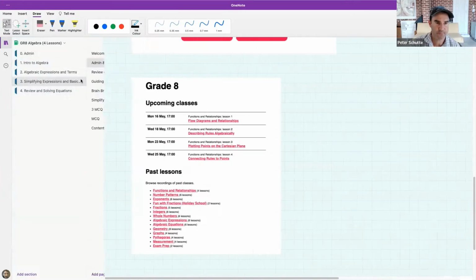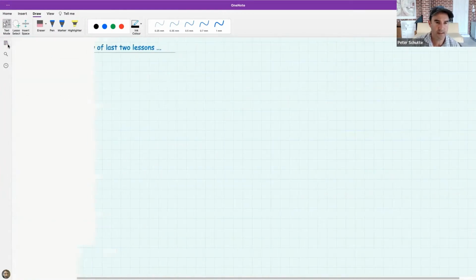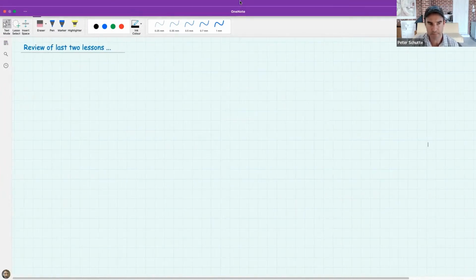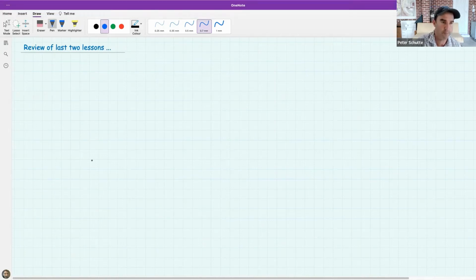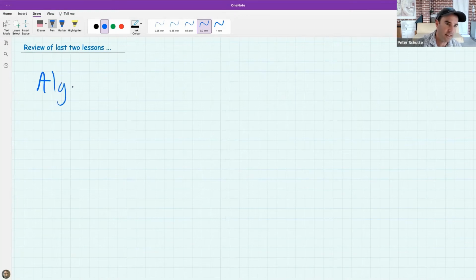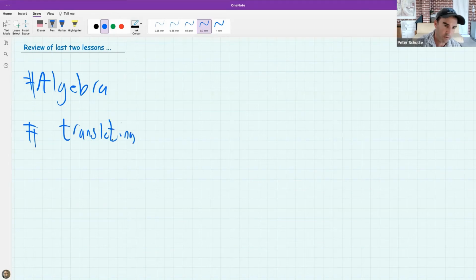So that is that. As we come together today, this is our third lesson in a series of 4 on algebra. I just want to quickly remind you of what we did in the previous lessons. In the first lesson, we were mainly translating into algebra.